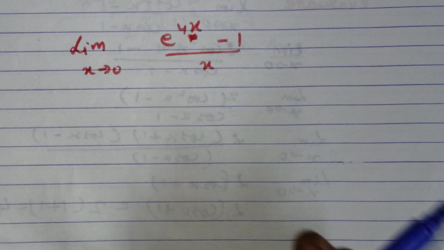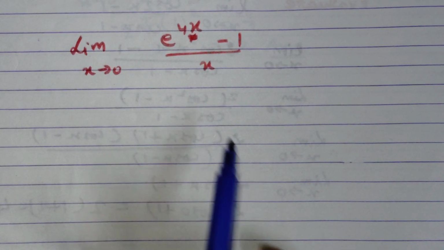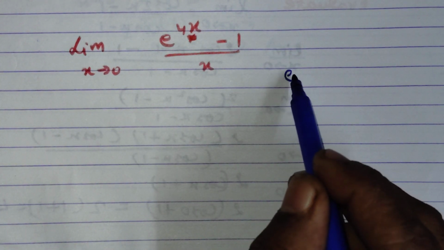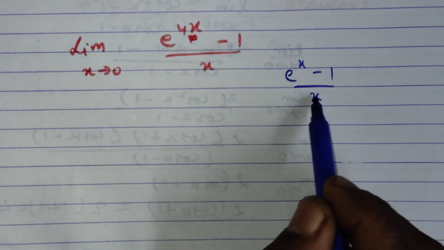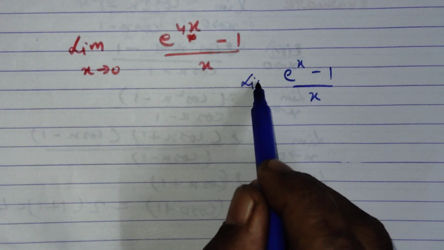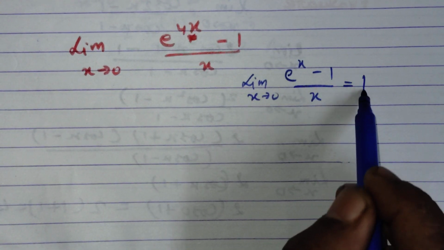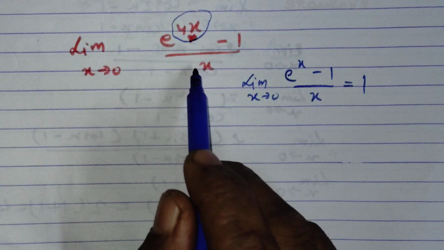Next, exponential problem. The question is limit x tends to 0 of (e raised to power 4x minus 1) upon x. Here the identity is, if (e raised to power x minus 1) upon x, limit x tends to 0, its value becomes 1. So according to this identity, there is 4x, so we need here 4.